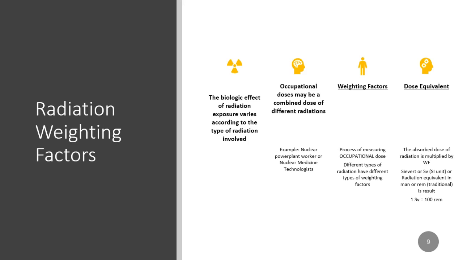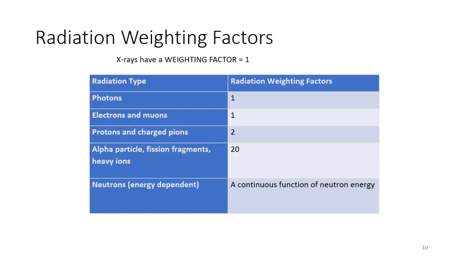So some are more potent than others. The dose equivalent is the absorbed dose of radiation multiplied by the weighting factors. So the sievert, which is the SI unit, or the radiation equivalent man, which is the REM, which is the traditional unit. So there's that equation again. 1 sievert equals 100 rem for the equivalent.